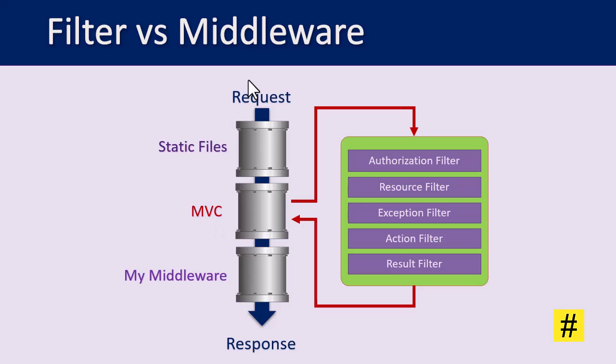Middleware has more access and control over what is happening inside the request response pipeline and can even short circuit the whole process, like what static files middleware or authorization middleware does. But at the same time, the data inside the middleware is too raw to begin with. You don't have the model binding, so you don't have access to whether the model is valid or not.